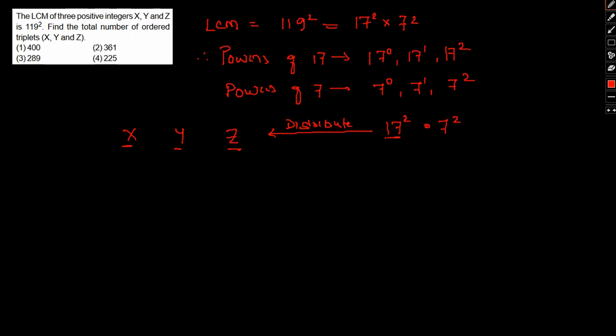So 17 square can be distributed in x, y and z, each of these three, in 3 to the power 3 ways. Why? Because in 17 square we have these three elements 0, 1 and 2. However, from this case we need to subtract the cases where only 17 to the power 0 and 17 to the power 1 have been distributed.